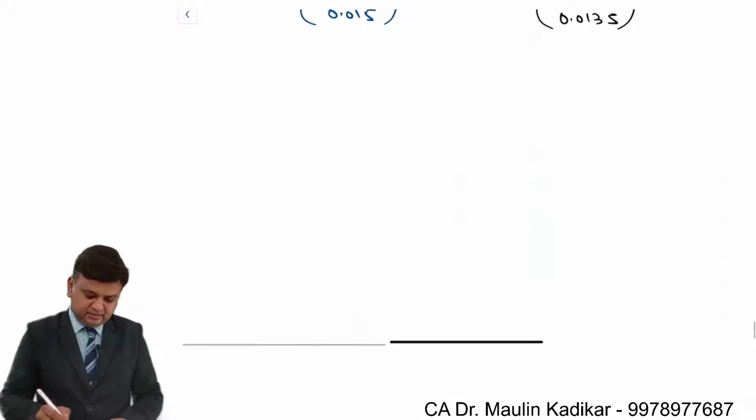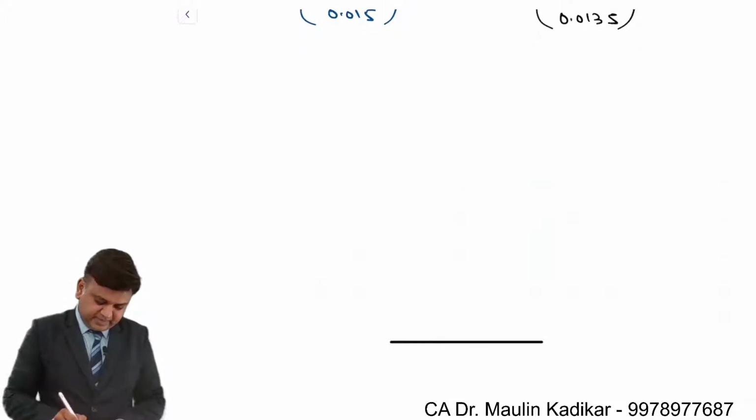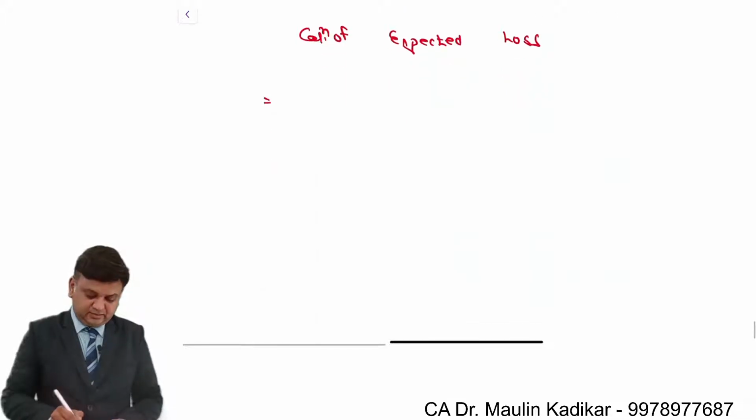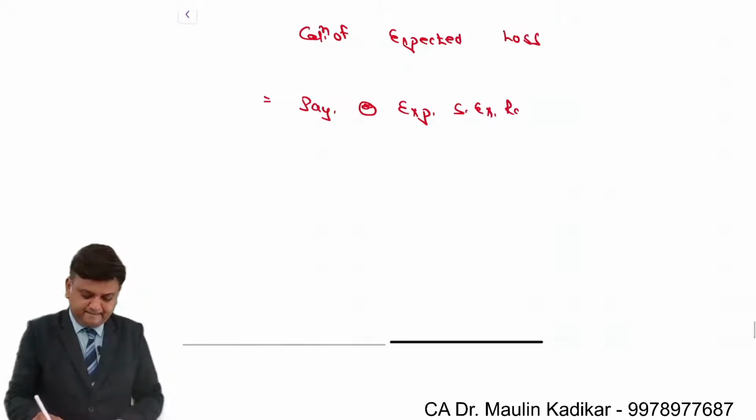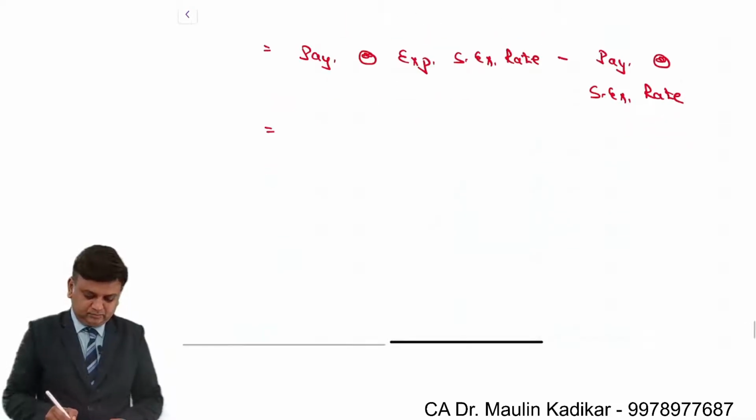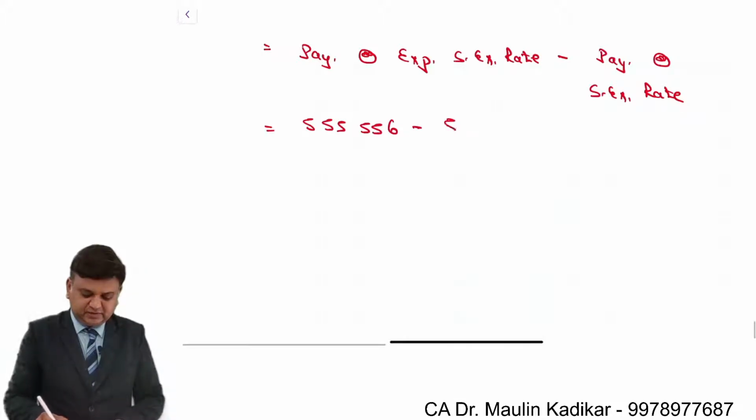And lastly, calculation of expected loss. In that, payment at the expected spot exchange rate minus payment at spot exchange rate: 5,55,556 minus 5 lakhs.